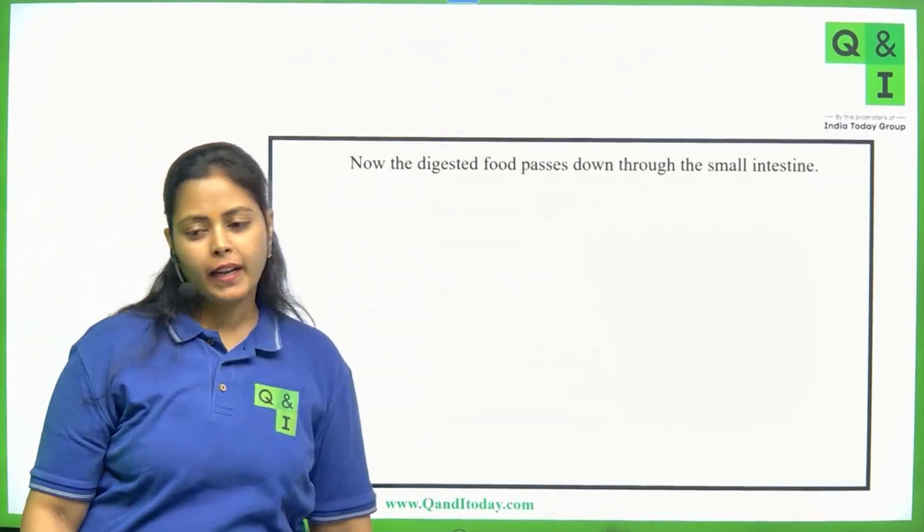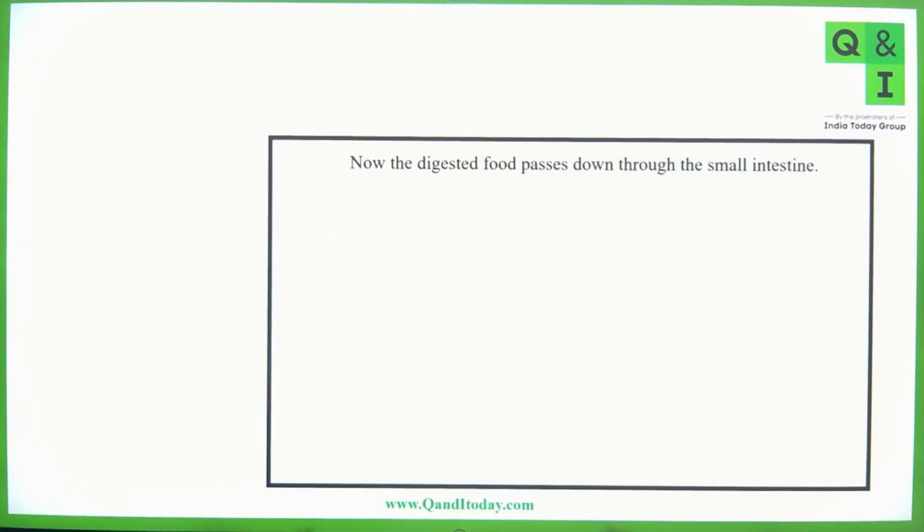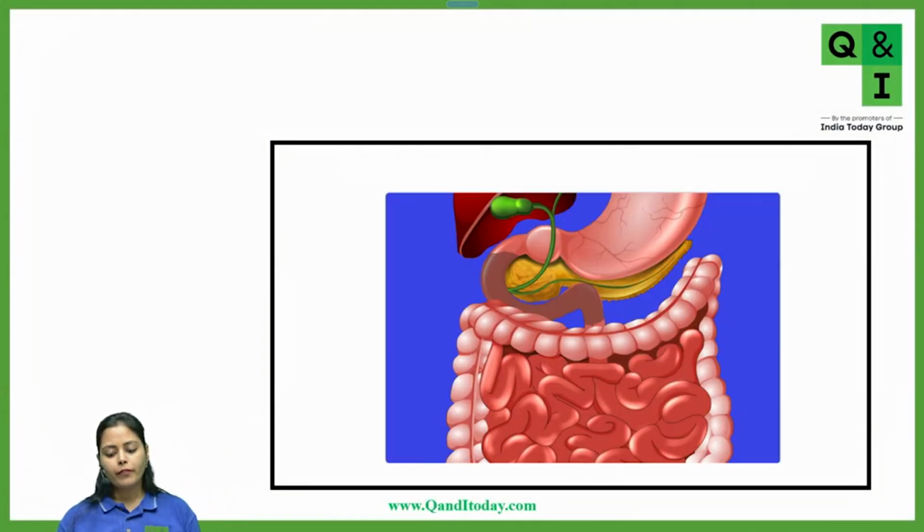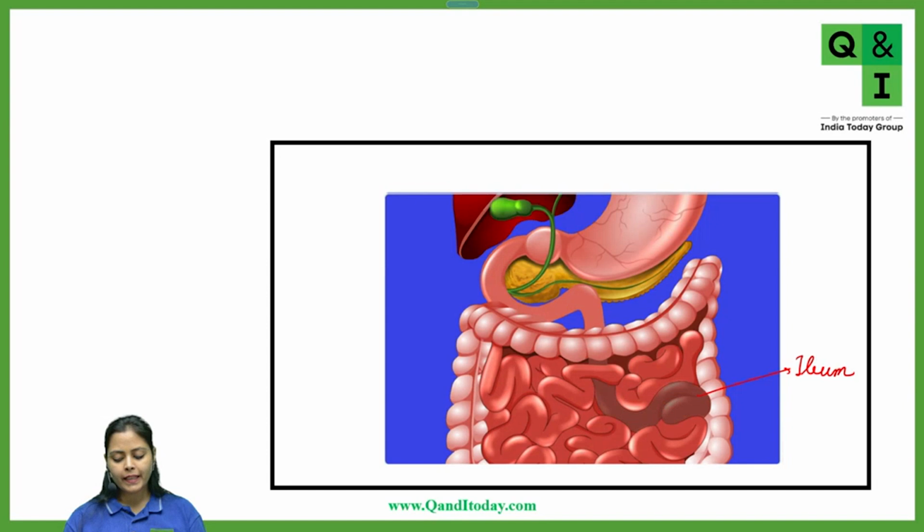Now, moving ahead, what happens? The digested food passes down through the small intestine. After duodenum, it is entering into jejunum and then it is entering into ileum. So this extensive coiled portion, which you can see from here, is all your ileum. Now the food you can see is entering into ileum.